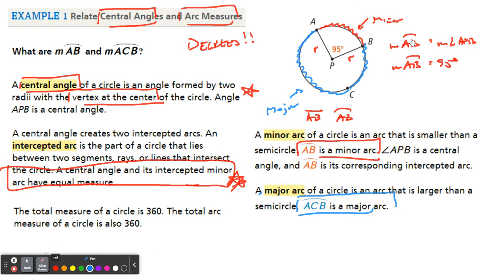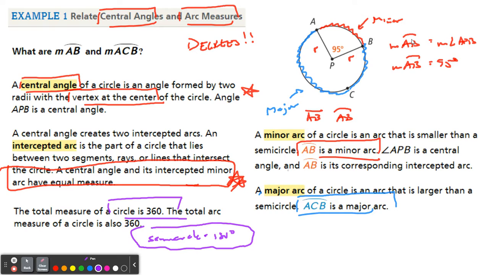Now, we need to remember this key idea right here, that a circle has 360 degrees, right? Understand that a semicircle is half of that, which is 180 degrees, so keep that in mind. So in this picture, there are 2 arcs that make up the circle. There's the minor arc and the major arc.